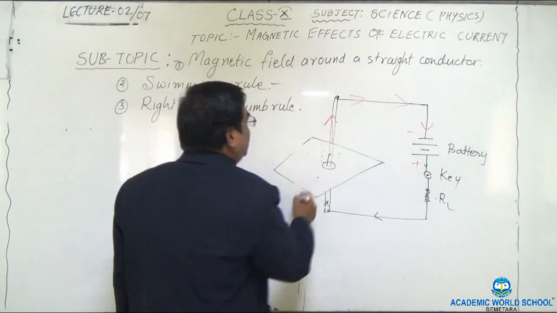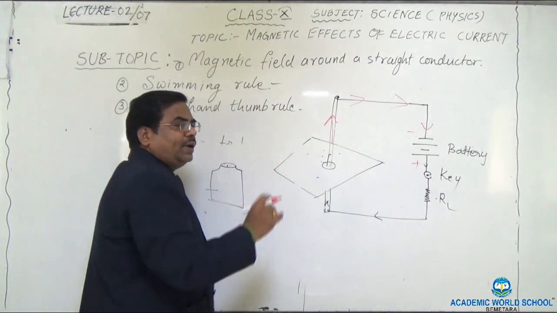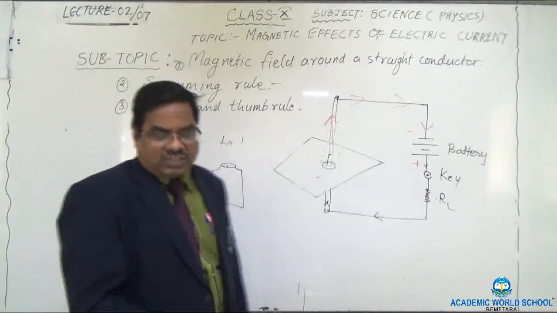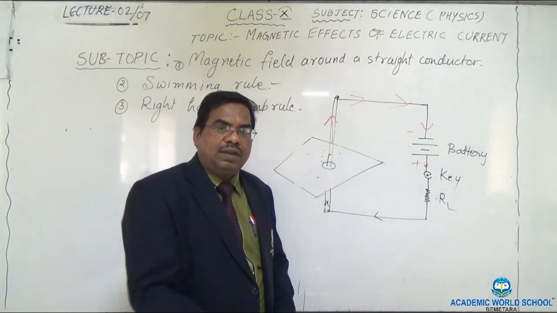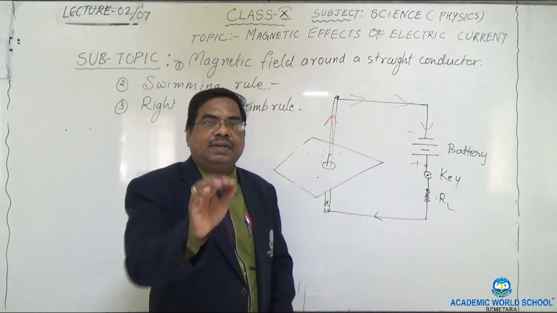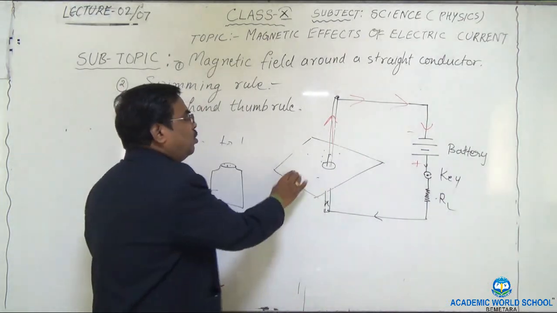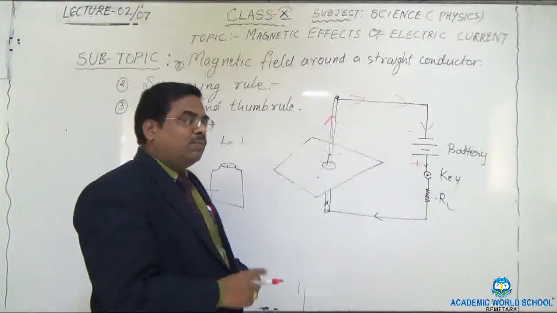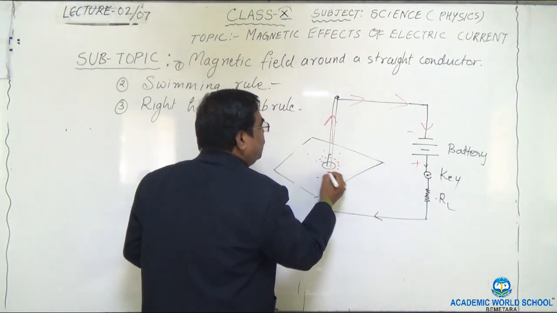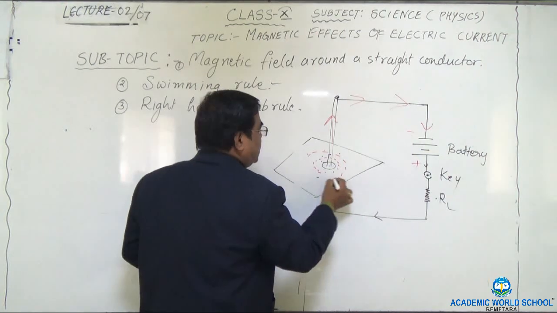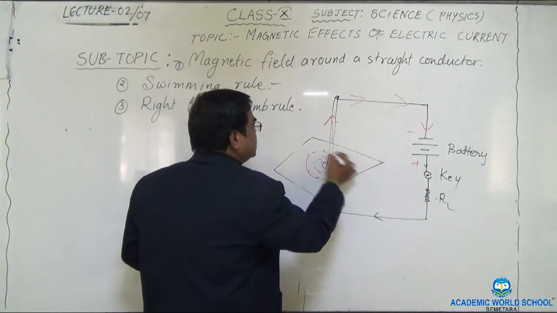Then what do you have to do next? You have to tap it like this. When you hit something one or two times like this, it is called tapping. So tap the board. The moment you tap the board, those iron filings will arrange themselves in concentric circles like this.